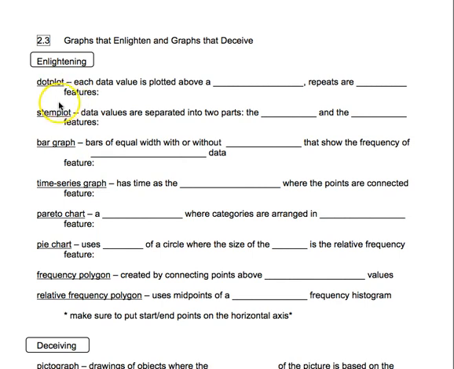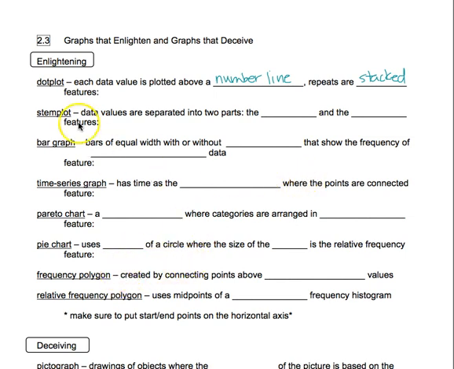So first one is a dot plot, where each data value is plotted above a number line and the repeats are stacked on top of each other. So if you have two data points at 5, you would have a 2 dot height there.